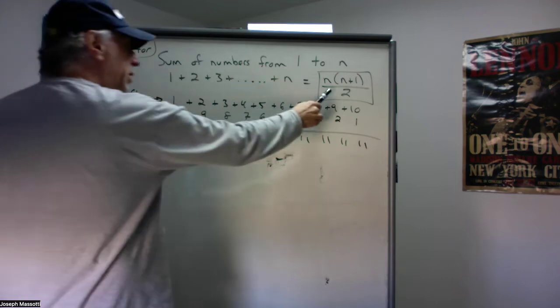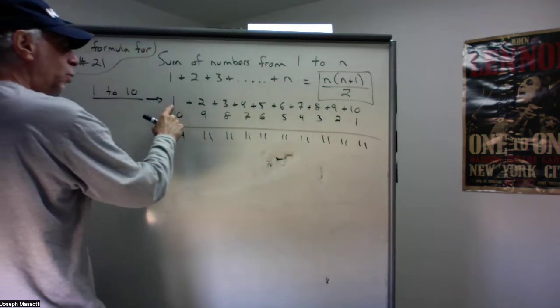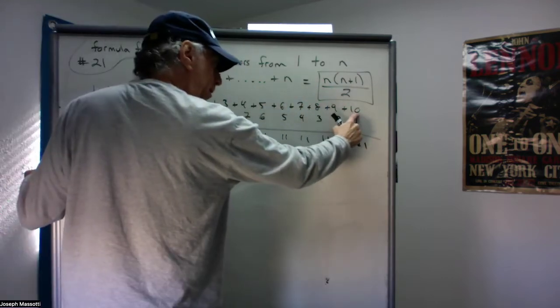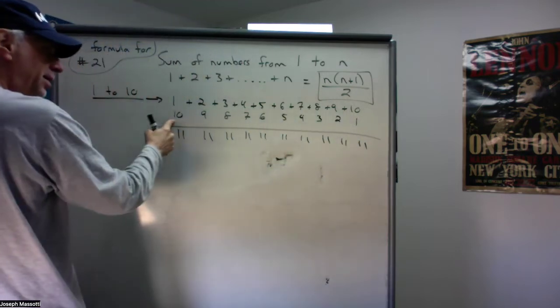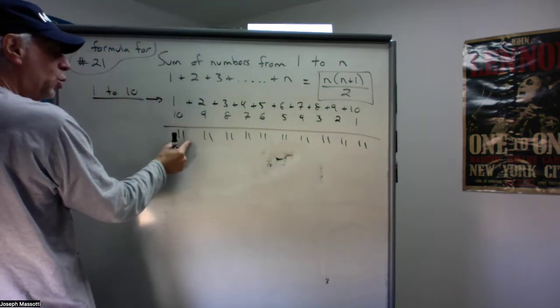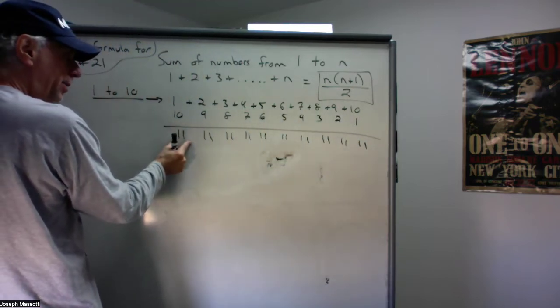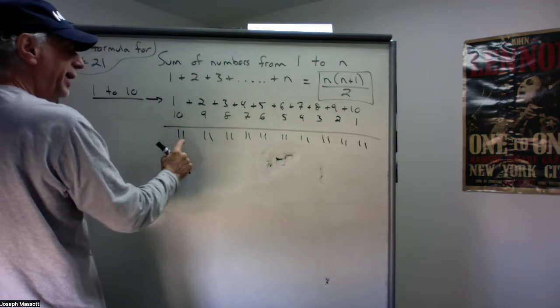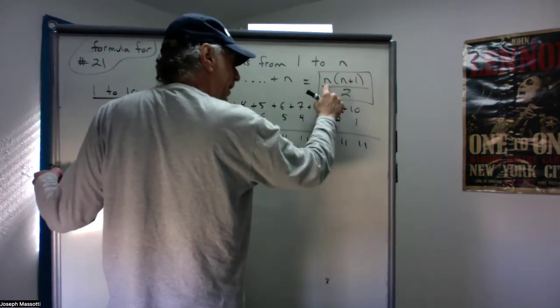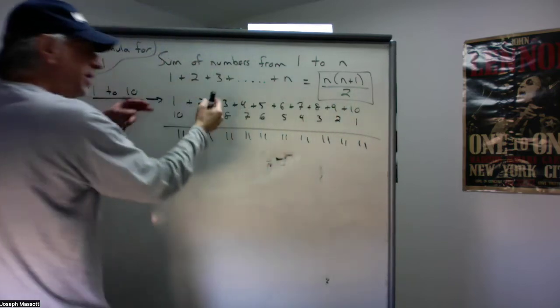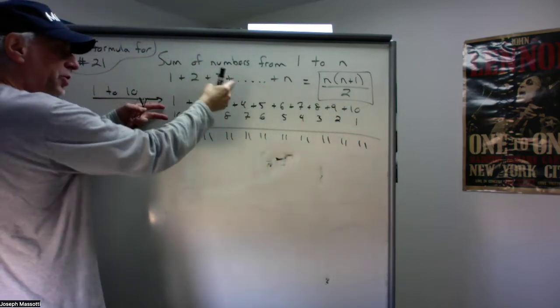So that's where this formula comes from. When you're adding the numbers from 1 to n, if you add that twice, you're going to get 1 more than that n value, right? So you're going to be adding up 1 more than the n value n times, but that's going to be twice what you're looking for.